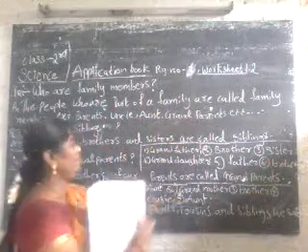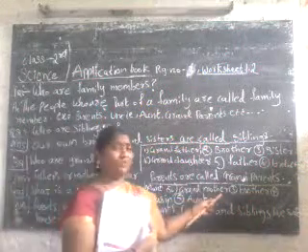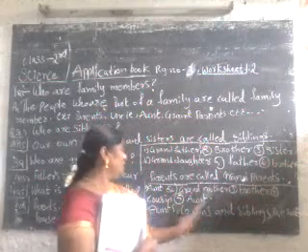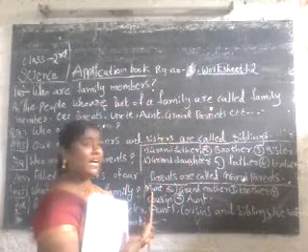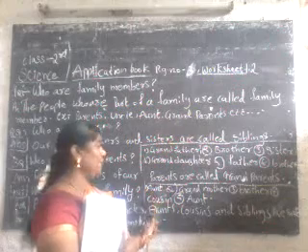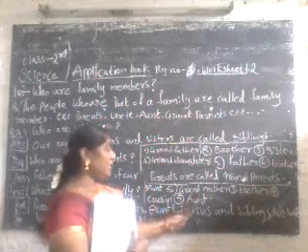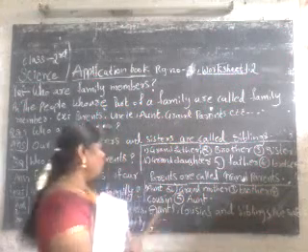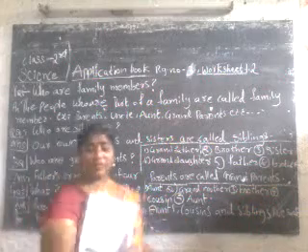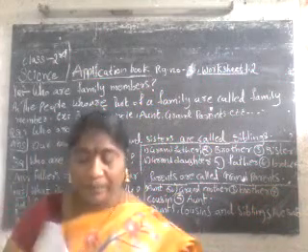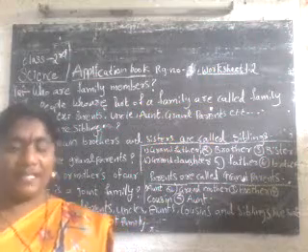First one is grandmother, a one word answer. Second one, first one aunt, Zoya's father's sister. Second one grandmother. Third one brother. Fourth one cousin. Fifth one, tell me. Fifth one, aunt.